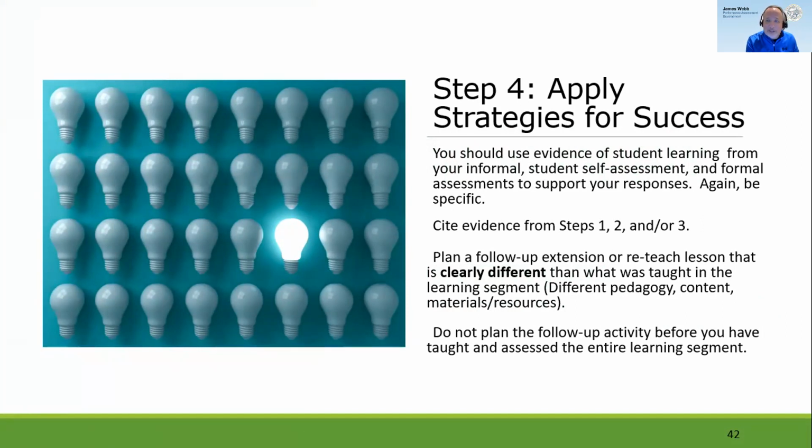When I looked at the student self-assessment, I noted... So you want to make sure that you are citing evidence with the assessments. Remember that the title of the cycle is assessment-driven instruction. So you want to cite that evidence from steps 1, 2, and/or 3. The rubrics are extremely clear that you must cite evidence. Failure to do so will not earn a score that is appropriate in line with what is in the rubric.